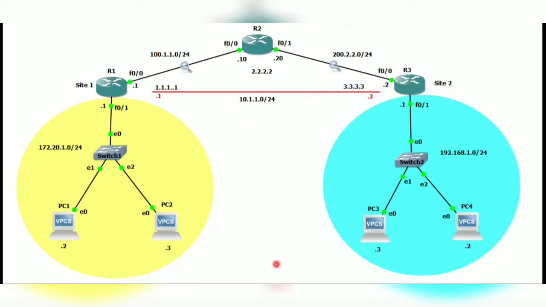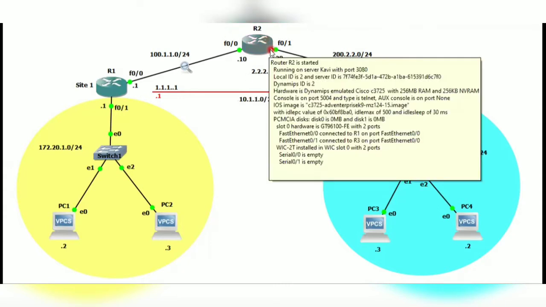Let's go to the configuration file. The purpose of IPsec is to encrypt the VPN, because now site 1 and site 2 want to send their information securely. Let's pretend that R2 is the attacker.